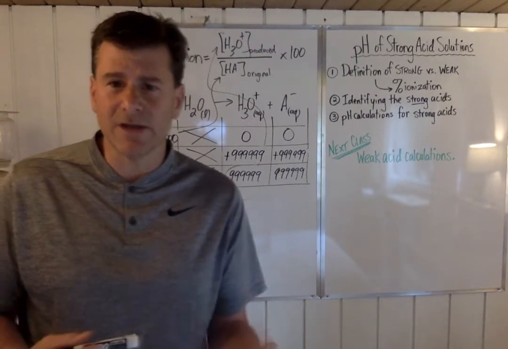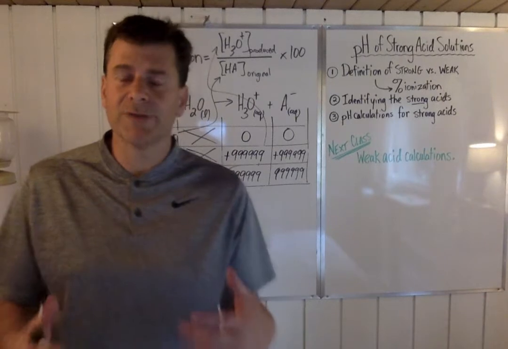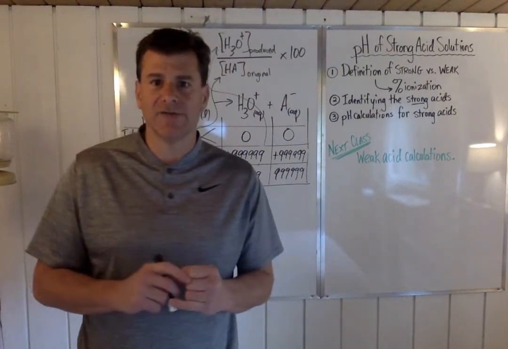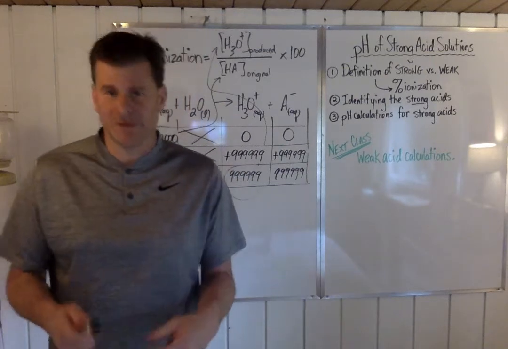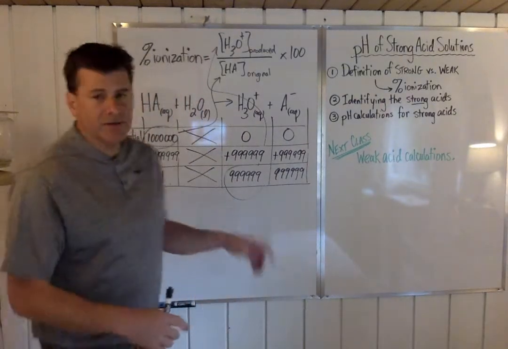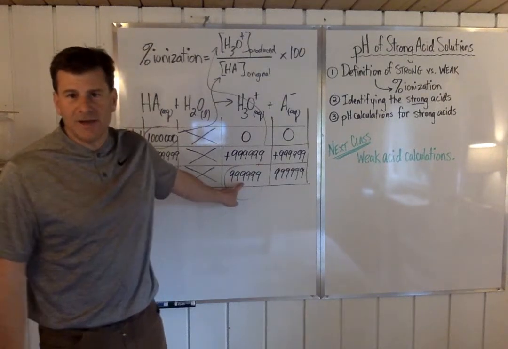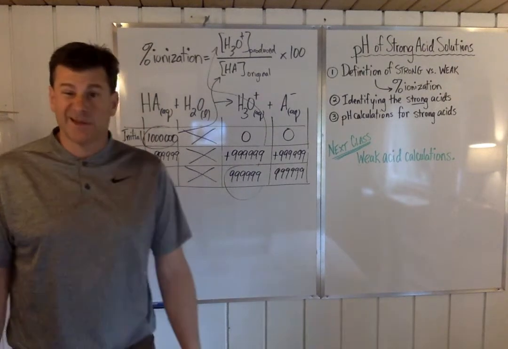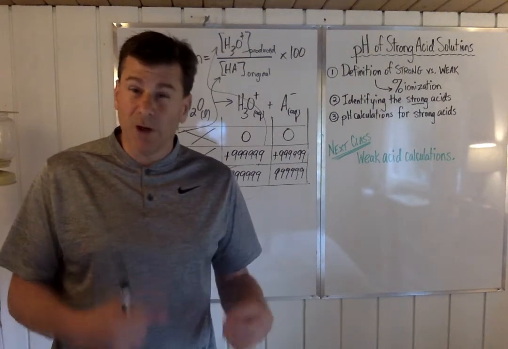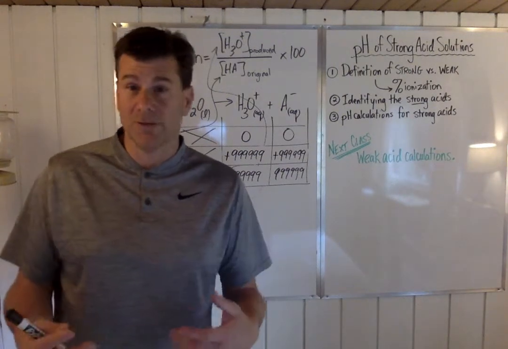Like, from a practical perspective, could you even measure 1 HA left over? Could you tell the difference using whatever piece of equipment you have? Could you tell the difference between 999,999 versus 1,000,000? Probably not. And these are small numbers relative to the actual numbers we're dealing with.